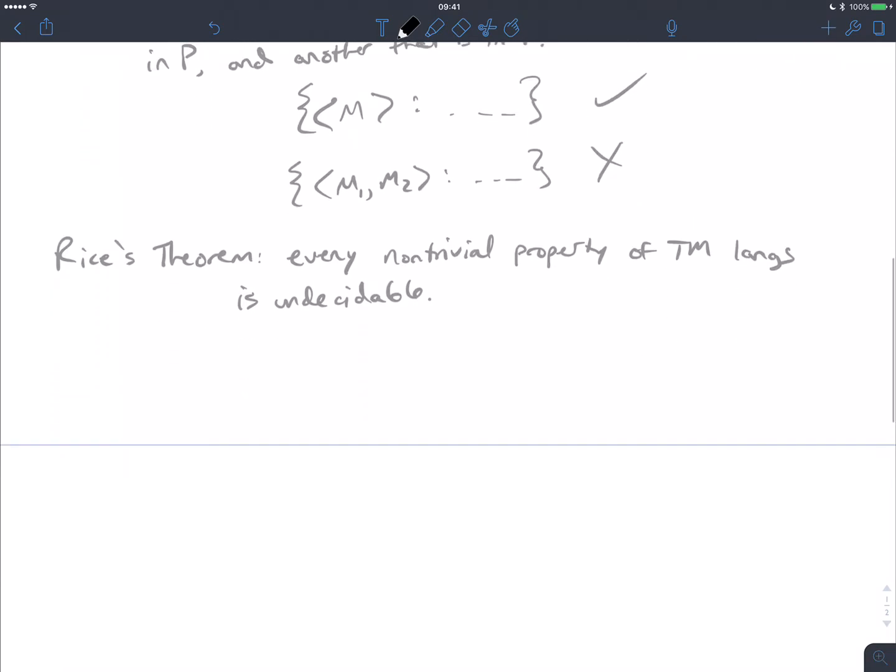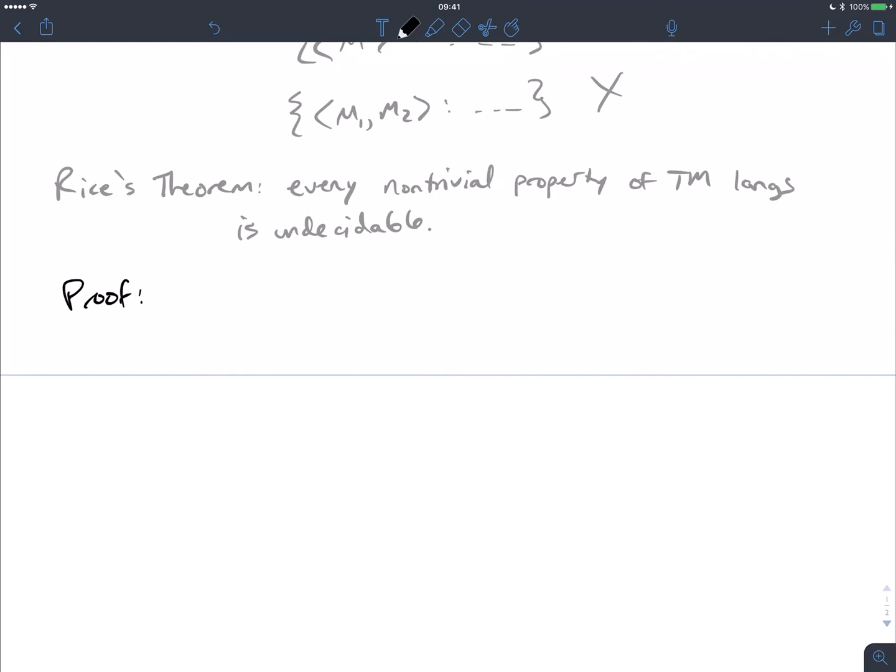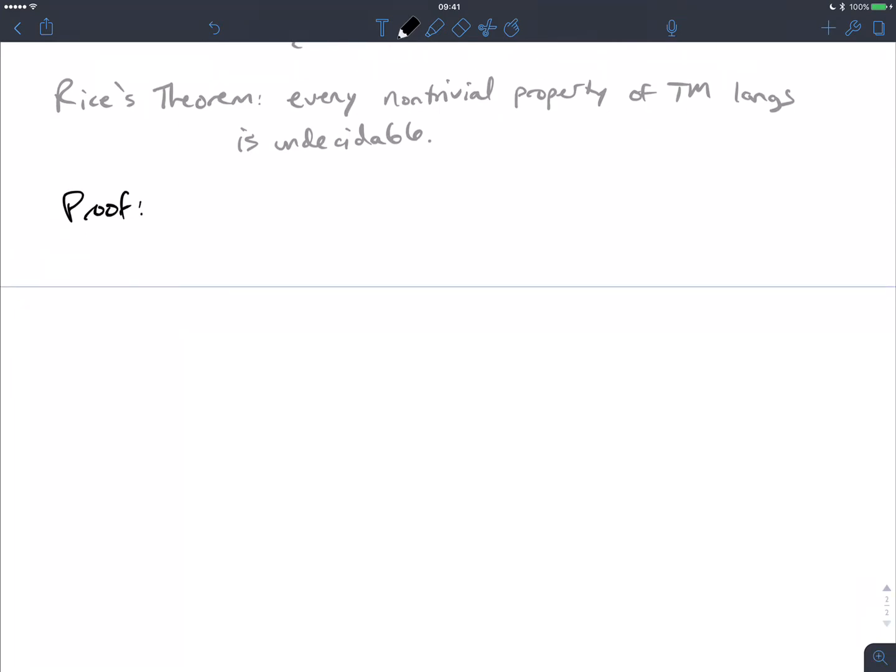Okay, so let's prove Rice's theorem. This one's probably going to be the hardest proof in the class, so make sure you're paying attention. We haven't really proven Rice's theorem yet, so I can't say anything about this property being undecidable. What method do we have to show that something is undecidable so far? Using a reduction, right.